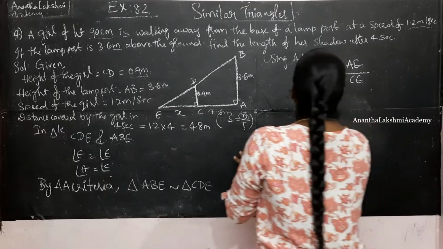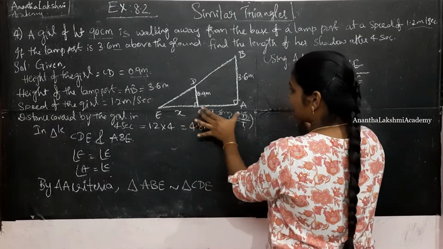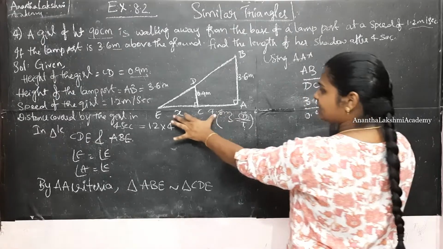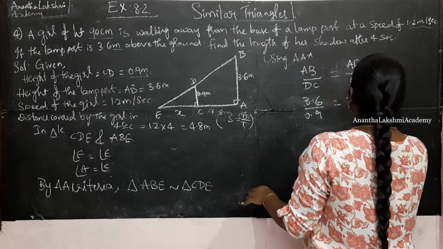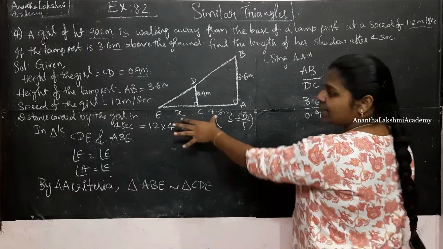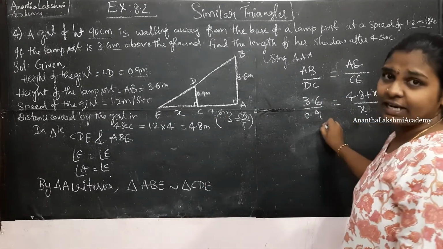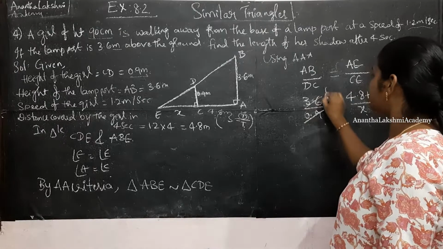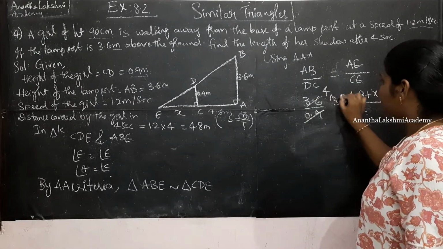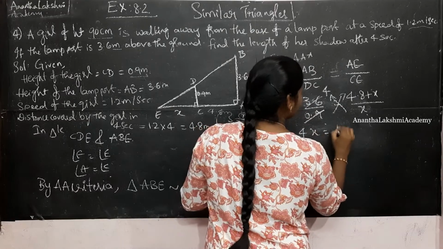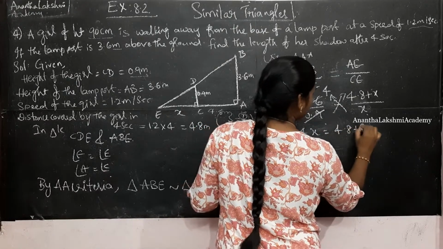Alright, AB is 3.6 by CD is 0.9 is equal to AE, which is 4.8 plus X, the distance walked by the girl and the length of her shadow. So 3.6 by 0.9, when you calculate this, 0.9 4s are 3.6. Let's do the cross multiplication. 4 into X is 4X is equal to 4.8 plus X.